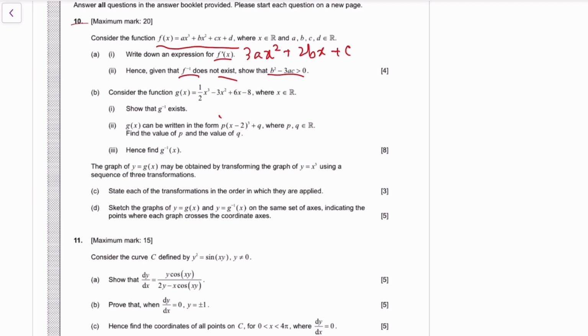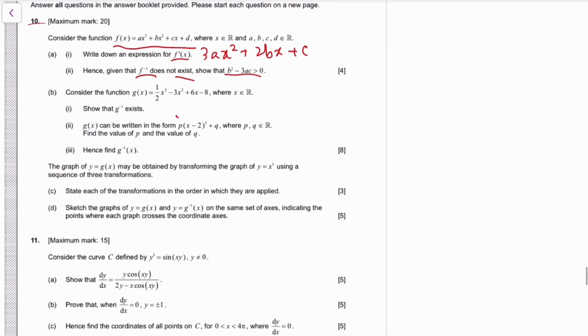Okay, this one is a bit tricky. When does the inverse not exist? The inverse doesn't exist when your function goes up and down. Let's say this is a cubic.